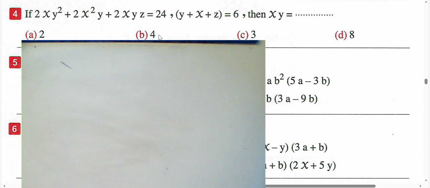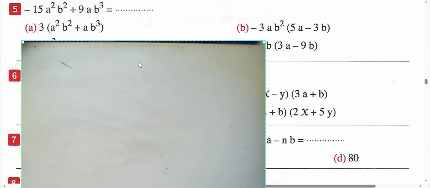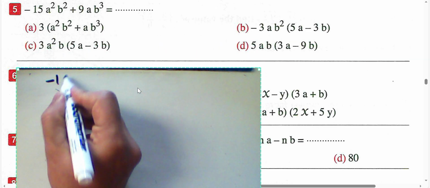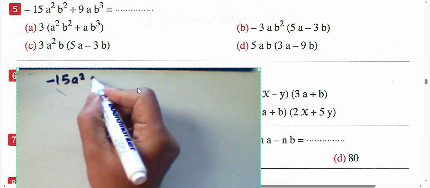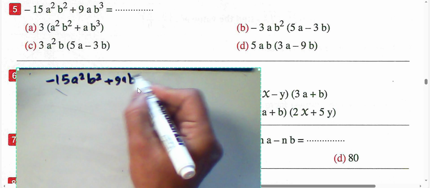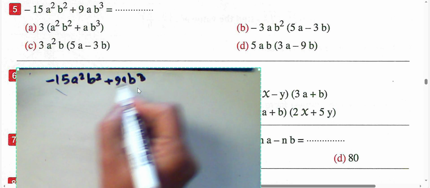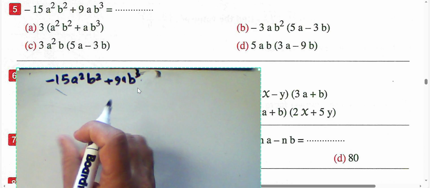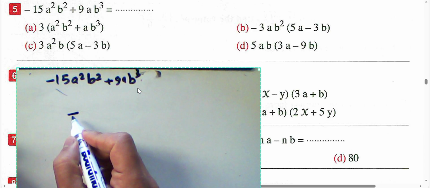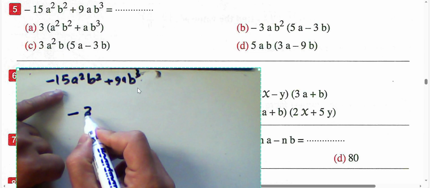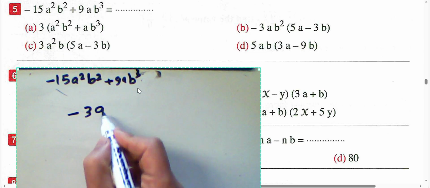Next question. Number 5, negative 15a^2 b^2 plus ab^3 equals. We can write the highest common factor between two terms, right? Negative outside. 15 and 9 can be divided by 3. a^2 and a can be divided by a.